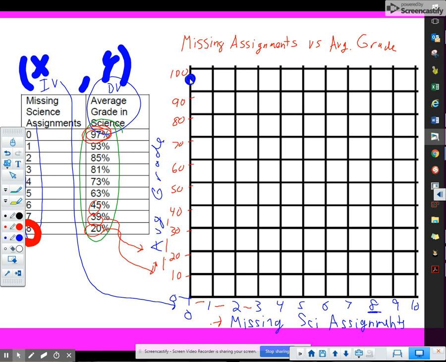Make your dots big enough to see on your paper. 1 and 93, and you put a dot. 2 and 85. 3 and 81. 4 and 73. 5 and 63. 6 and 45.